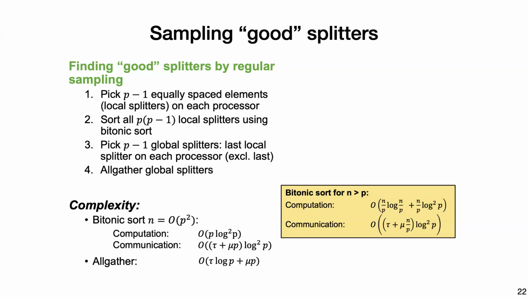There's some local computation cost, but that's basically free once you have already sorted the local elements, and the only cost is combining the elements. So we plug p squared in for n in these bounds.